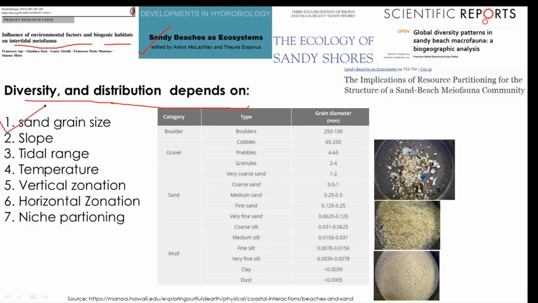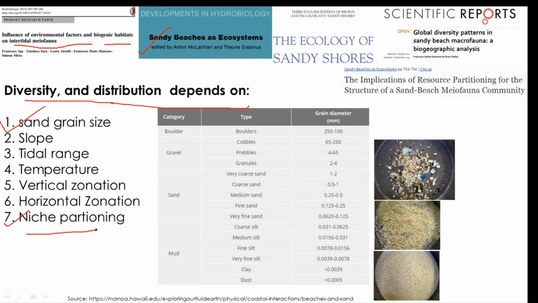For example, on the sand grain size, sand grain types, okay, on the tidal range, on the temperature, on the vertical zonation, on the horizontal zonation, and then there are biotic factors, for example niche partitioning, mostly on the basis of food availability, feeding activities, okay, then on the reproductive ability, on the dispersal, aggregation, and so on, and also on the prey predator relationships, right?